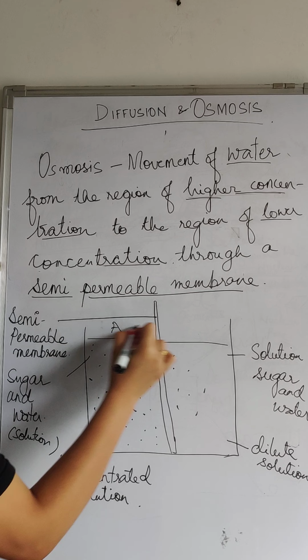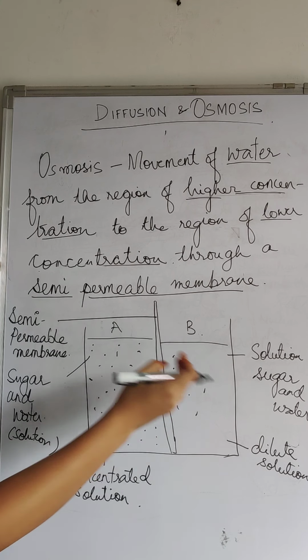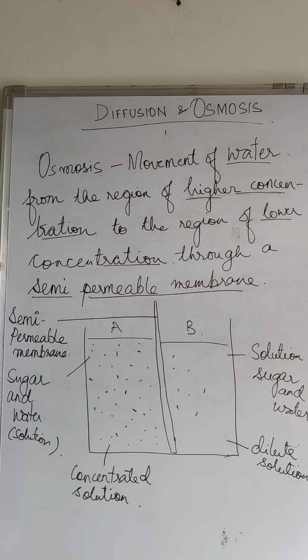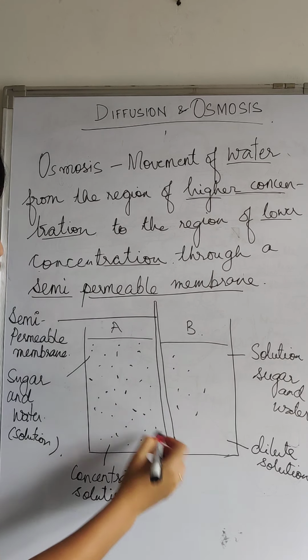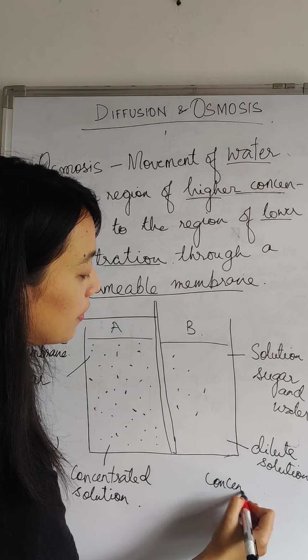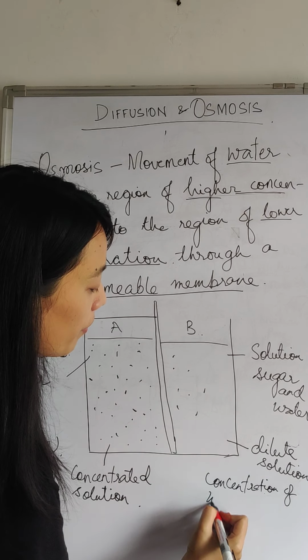Now let's take this as A and this as B. So tell me from where the water movement will take place. From A to B, or from B to A? You see here, in the dilute solution, the concentration of water is more, right?